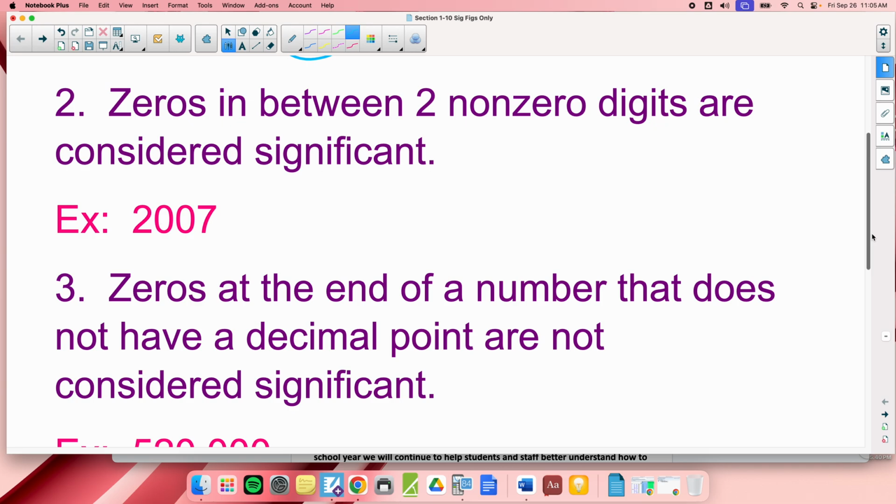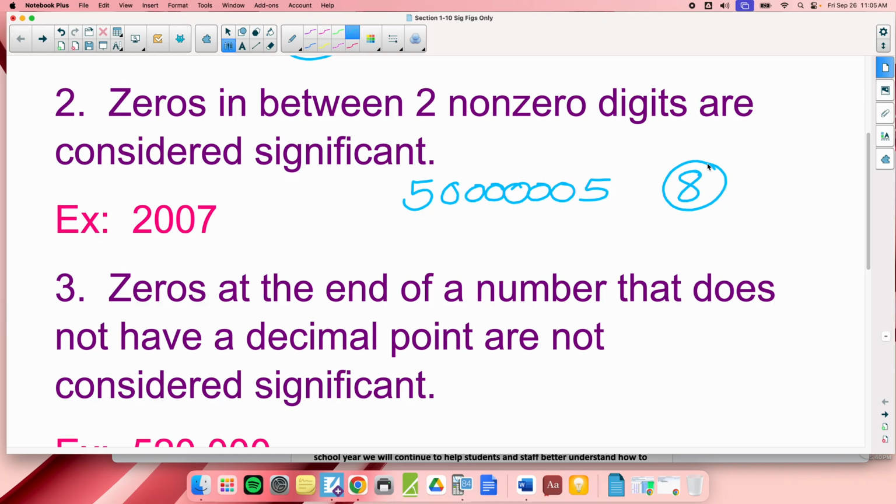We'd count 1, 2, 3, 4. If I had 5, 0, 0, 0, 0, 0, 0, 5, no matter how many zeros I had between those two numbers, I count those zeros. They're significant. So this would have 1, 2, 3, 4, 5, 6, 7, 8 sig figs, okay?